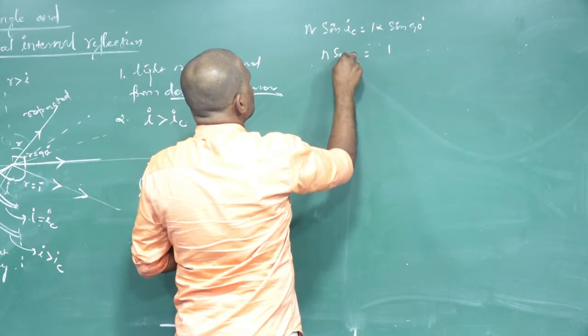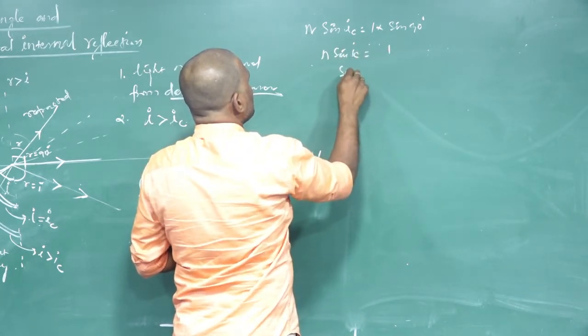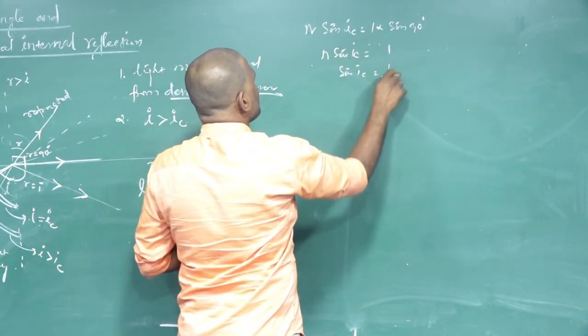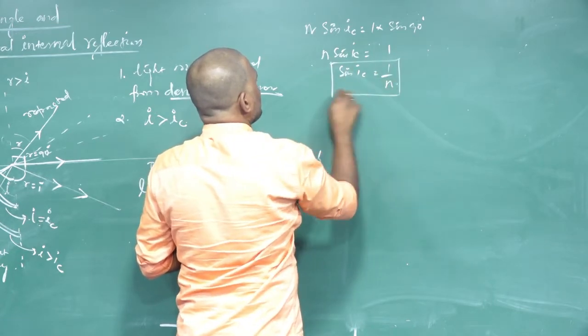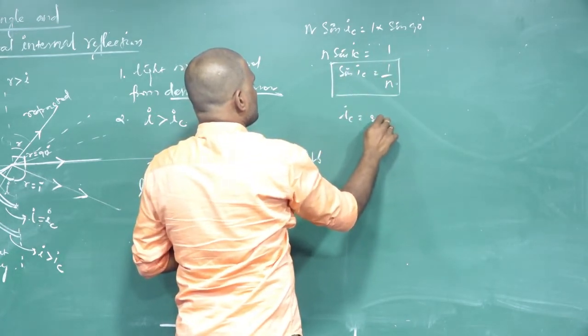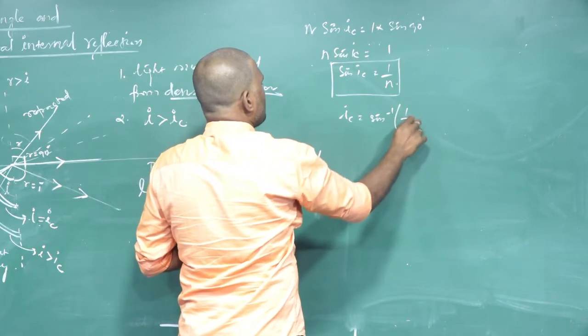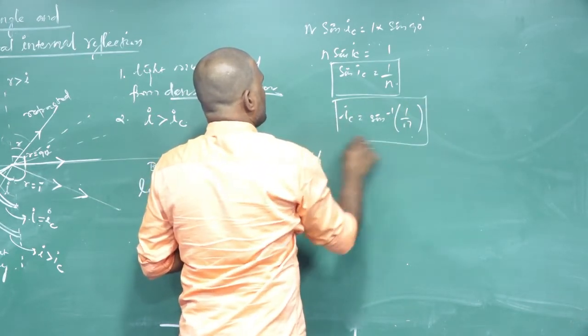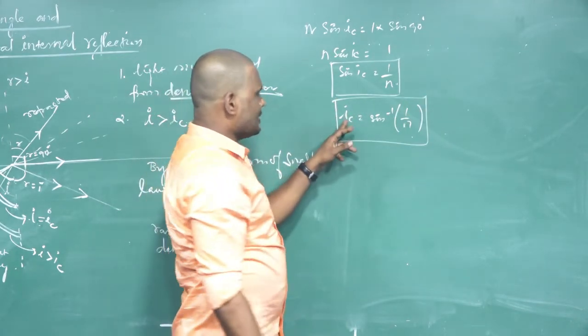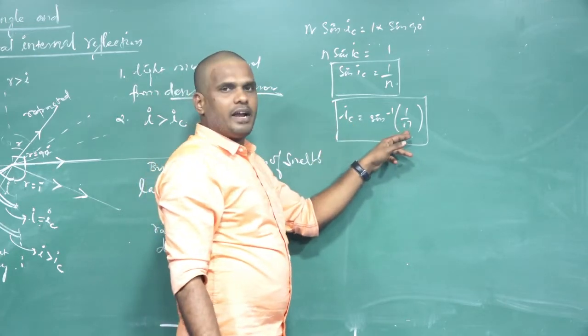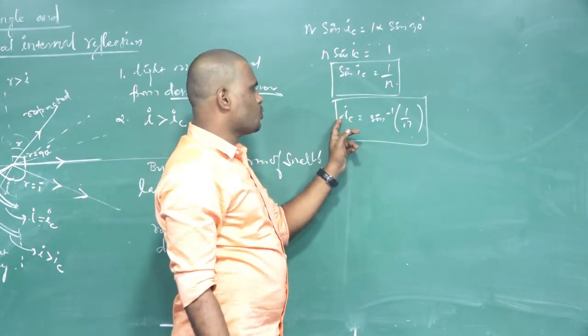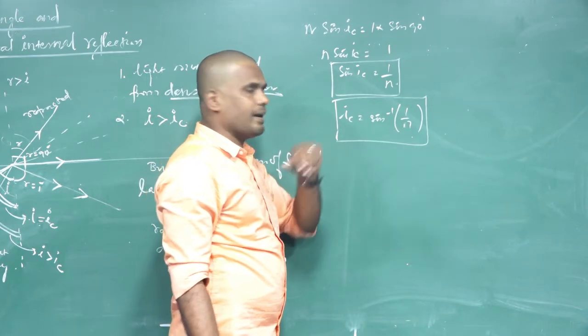So N into sine IC is equal to 1. Sine IC is equal to 1 divided by N, or IC is equal to sine inverse of 1 by N. So the relation connecting critical angle and the refractive index of the denser medium is this one: IC equals sine inverse of 1 by N.